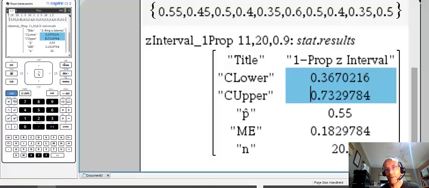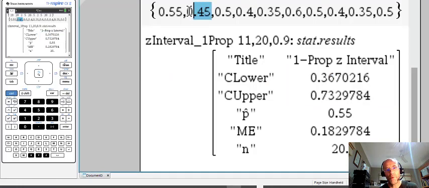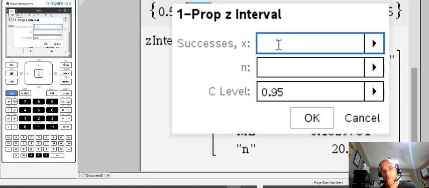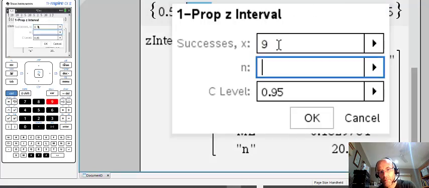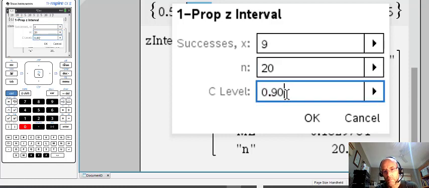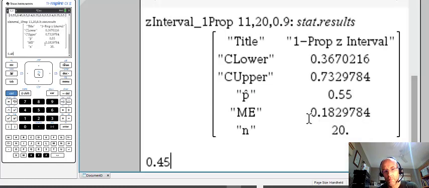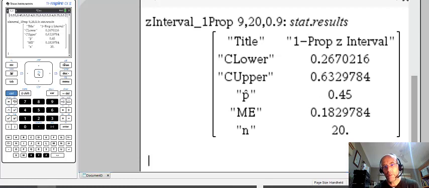Let's do it again. We have 0.45, which you might be able to see on the screen there. p hat, which is 9 out of 20. Alright, 0.27 to 0.63.